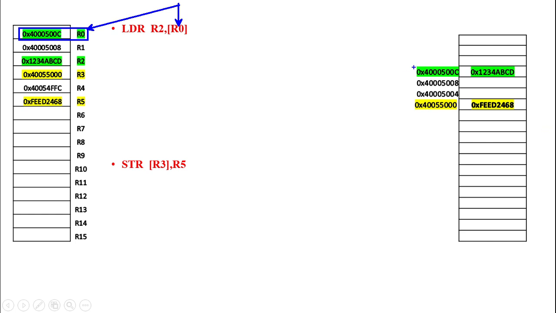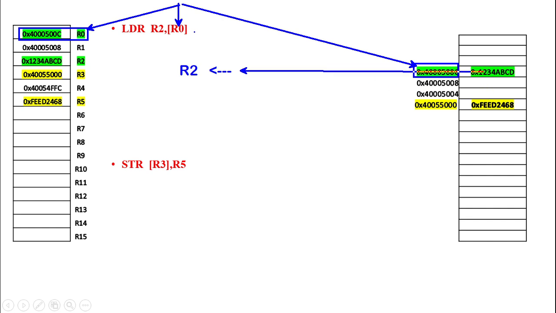You can see here, this is my memory location. R0 has some value, and that value is an address. R0 is pointing to that address, and the content present at that address, that means R2 should get loaded with the value pointed to here.